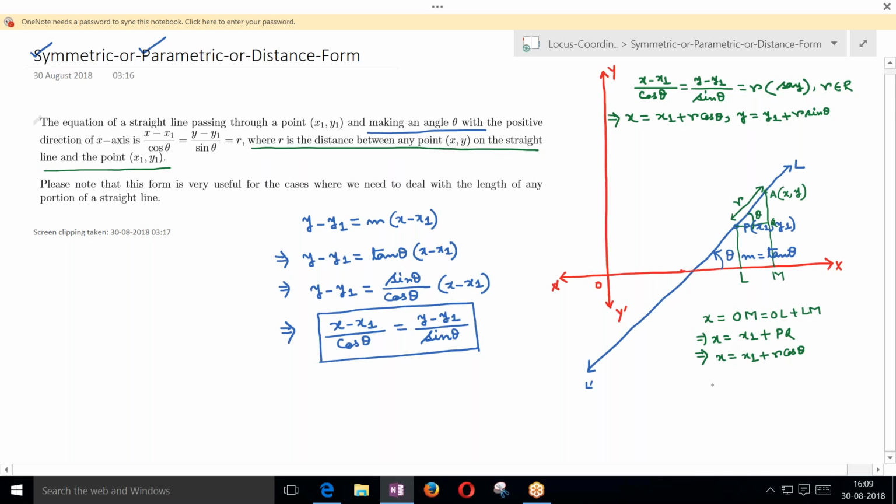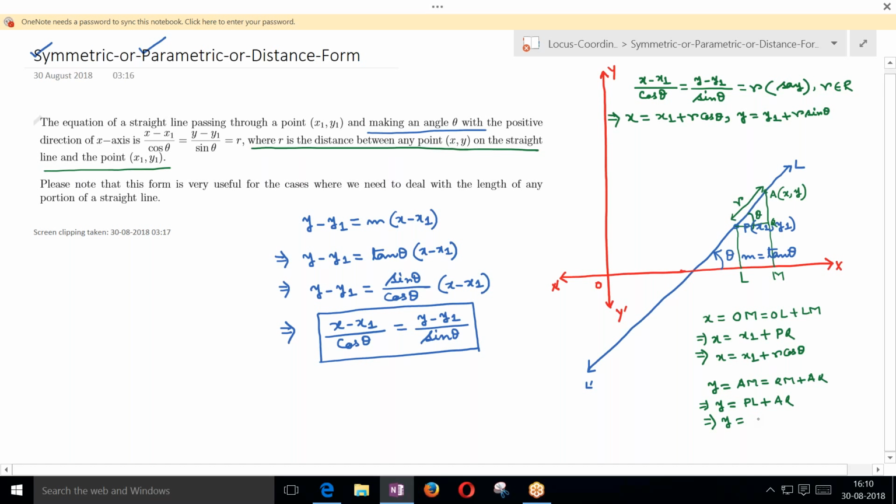How come? Let's find what y is. y is equal to AM, and AM means QM plus AQ. So y is equal to, what is QM? QM is nothing but PL plus AQ. What is PL?